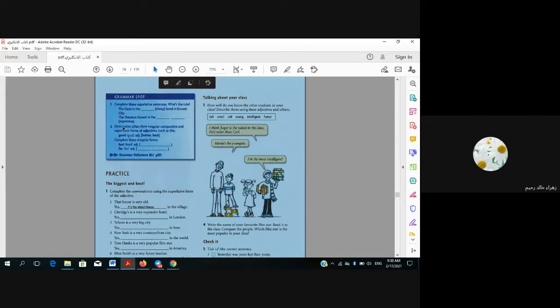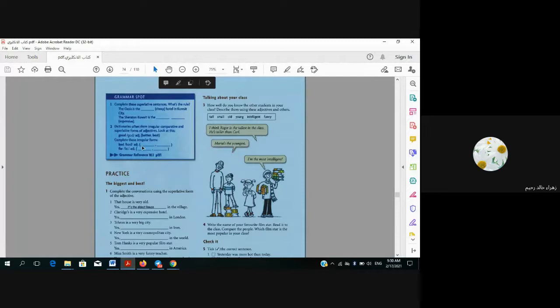Yes, very good. Dictionaries often show irregular comparative and superlative forms of adjectives. Look at this. For example, good: comparative better, superlative best. Complete these irregular forms.